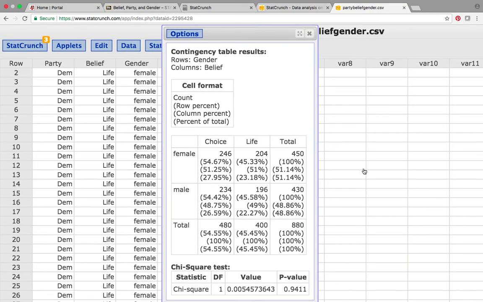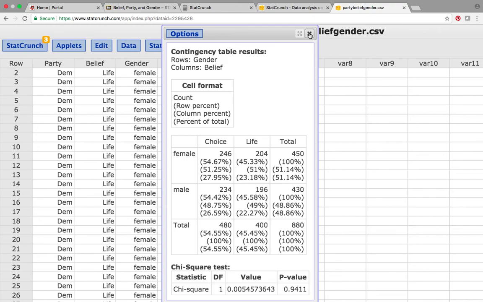Let's see what we have. Well, again, looking at the column percent, we can see of those that are pro-choice, it's about evenly split. 51.25% are female, 48.75% are male. It's almost evenly split on pro-life, 51% versus 49%. So we don't see a lot of disparity in pro-choice, pro-life across gender.